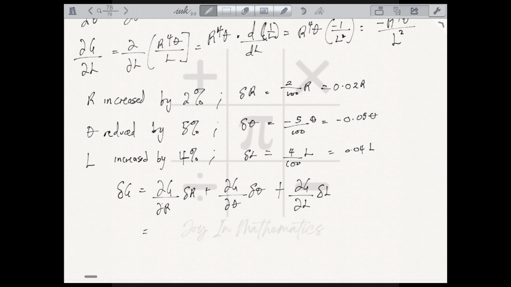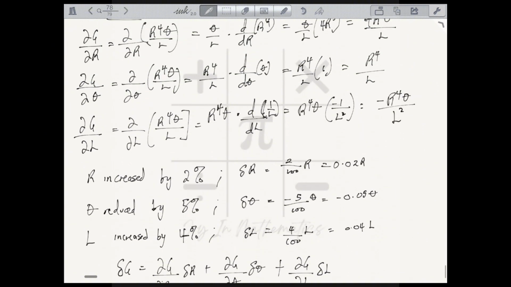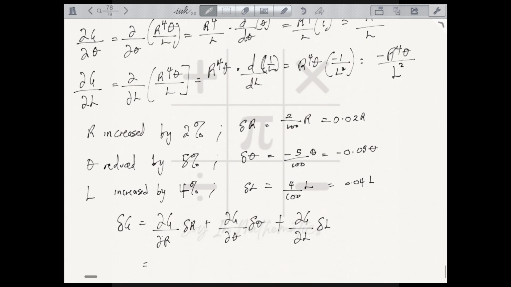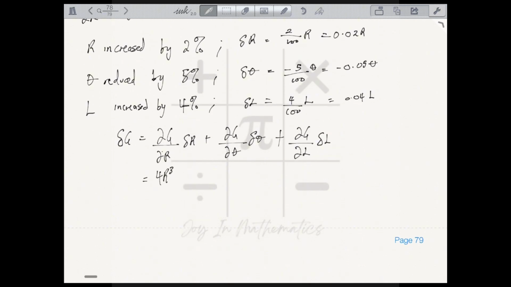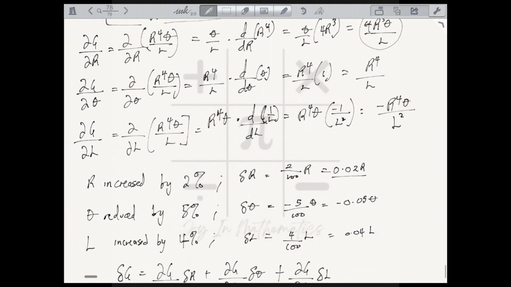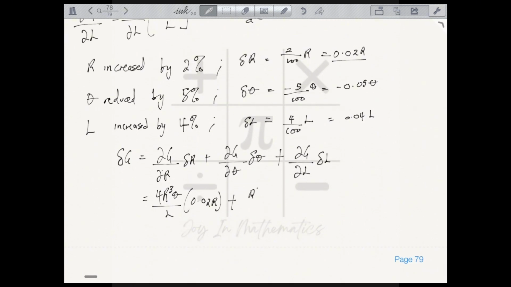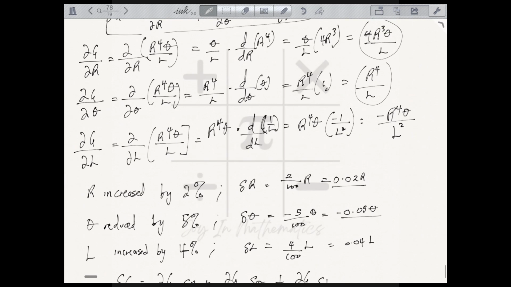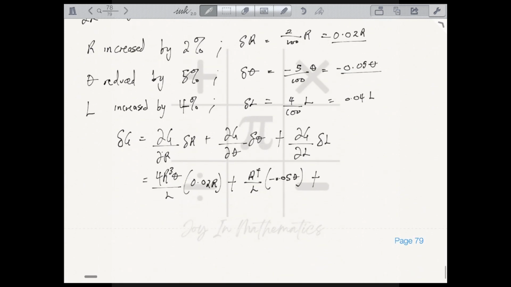Then we make our substitutions. The G with respect to R is 4R cubed theta divided by L, and delta R is 0.02 R, plus the G with respect to theta, which we have as R raised to power 4 over L, multiplied by delta theta, which is minus 0.05 theta, plus the G with respect to L, which is minus R raised to power 4 theta over L squared.